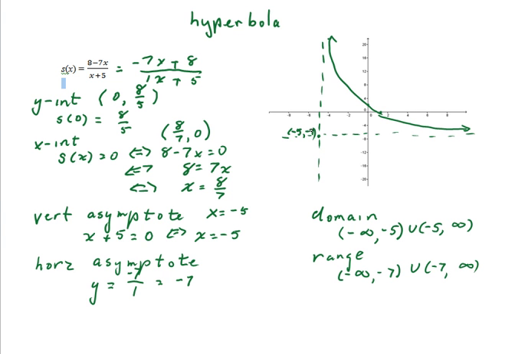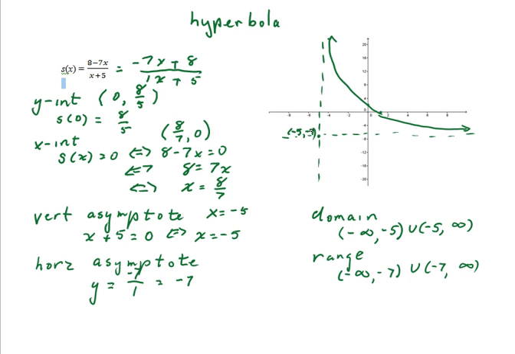Now, we've got some fractions here in terms of the x and y intercepts. But let's notice that the x-intercept is at 8/7. The vertical asymptote was at x equals -5. And so the distance between those two is approximately 6.